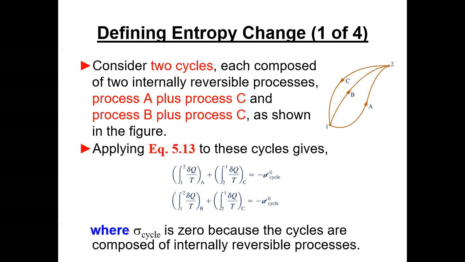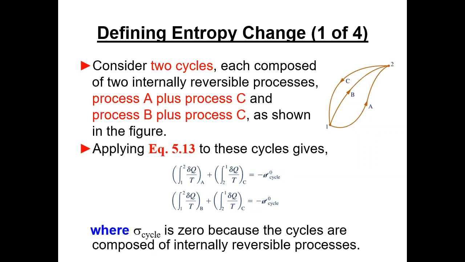Okay, and then we're going to come back from 2 to 1, so we integrate from 2 to 1 of delta Q over T for process C to get back to 1. So that's a cycle. We go from 1 to 2, and then we go from 2 back to 1. So we have completed the cycle. And that's equal to the negative of the production term, but since these are internally reversible, that's defined to be 0. So we get to set it equal to 0, okay?